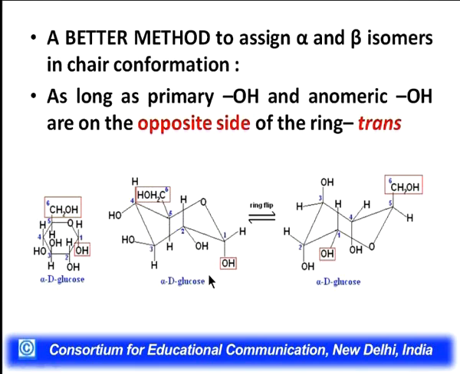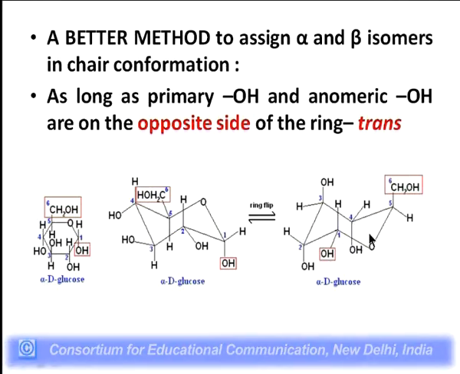Now we flip the ring, and after we flip the ring, again what we find here is that these two groups, that is the primary hydroxyl group at the 6th carbon and the OH at the anomeric carbon, are on the opposite side of the ring, hence it is again the alpha form.